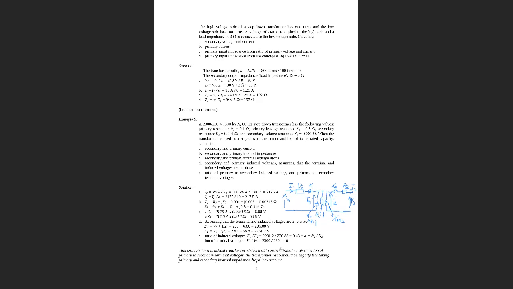And once again, pay attention to this. In part E, you found that the ratio between E1 and E2 and the ratio between V1 and V2 is a little bit different.